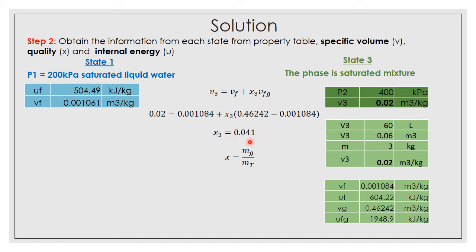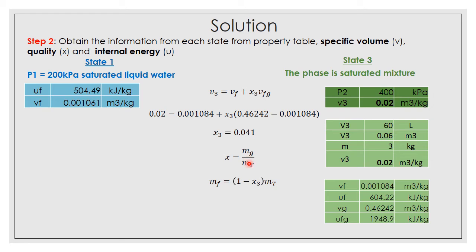Knowing that x3 represents the ratio of the amount of vapor in the saturated mixture, the relationship here is x equals mg, or mass of gas, divided by the total mass. But the question asks for the mass of fluid.